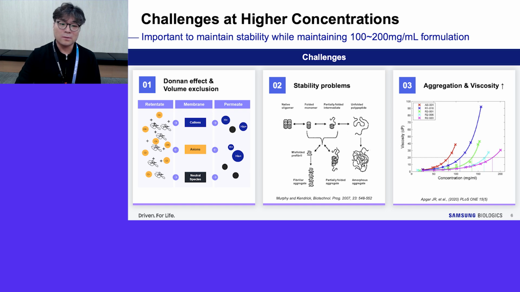And also high viscosity can occur at high concentration. If the viscosity value exceeds 20 cP, then the DP cannot be injected using general syringes or preferred syringes. These issues generally occur due to molecular characteristics.